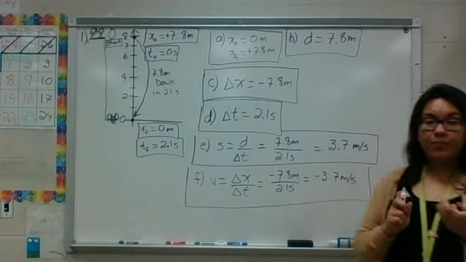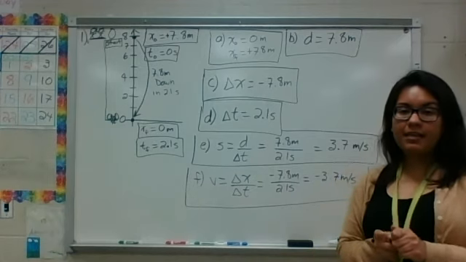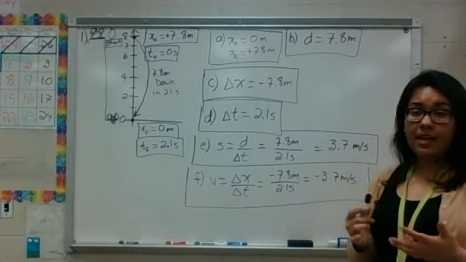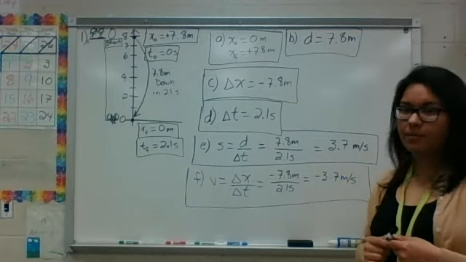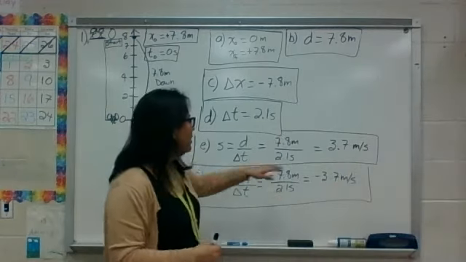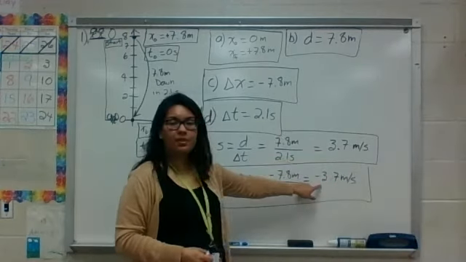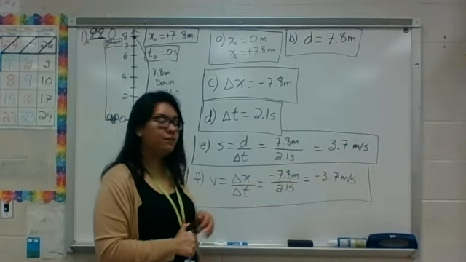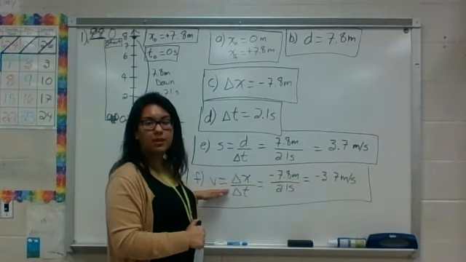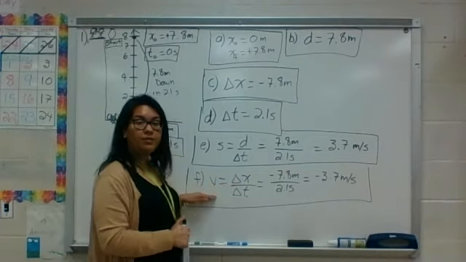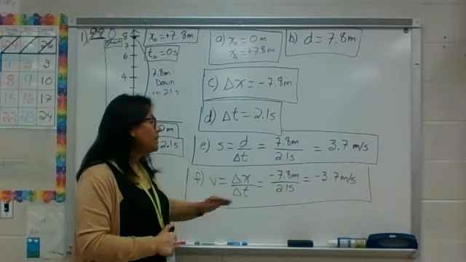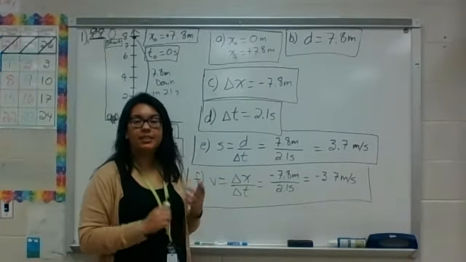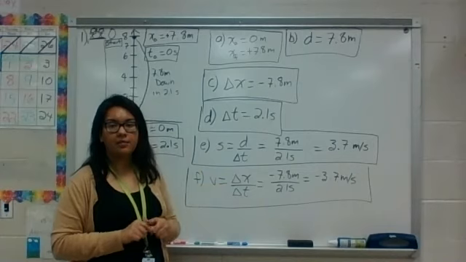Okay, so the one thing I want you guys to keep in mind is that right now we have the same numbers for both of these answers, right? So we have 3.7 and 3.7. Obviously there's a difference in the sign because average velocity has displacement. Displacement has direction, which is why average velocity also has direction. But this is not always going to be the case where you have the same numbers for average speed and average velocity.